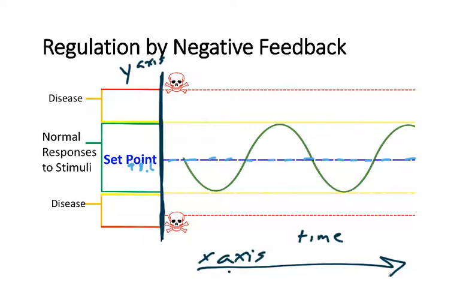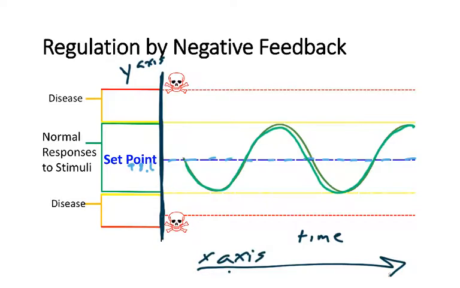It goes down, and it goes back up. Homeostasis doesn't mean no change. It means that the system, in this case body temperature, is maintained within a relatively narrow range that's compatible with life.